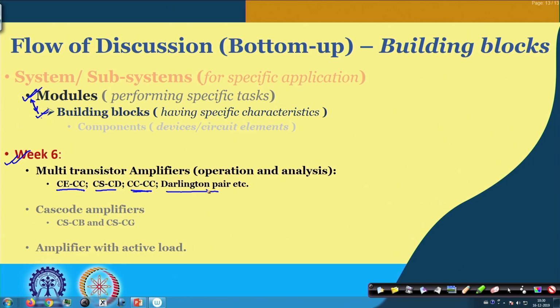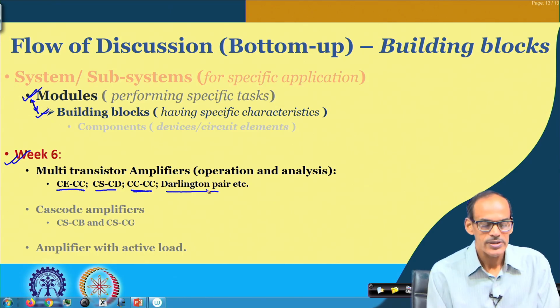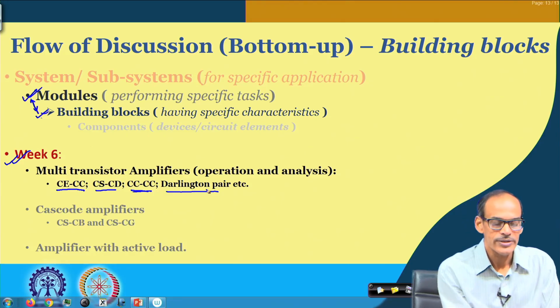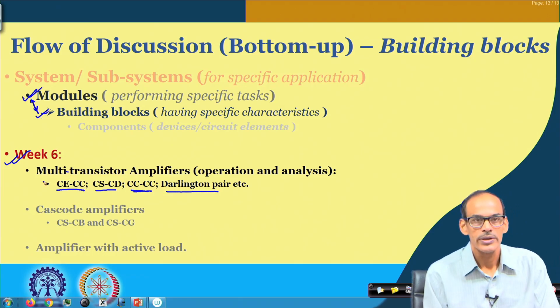As these configurations involve more than one transistor, they may be named multi-transistor amplifiers, and the purpose is of course getting better performance compared to a single transistor amplifier.